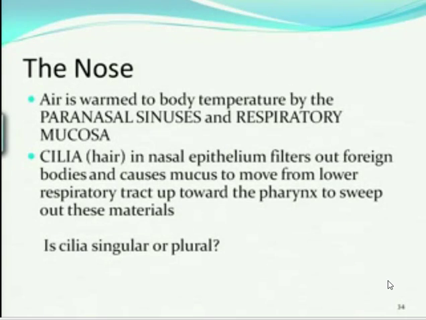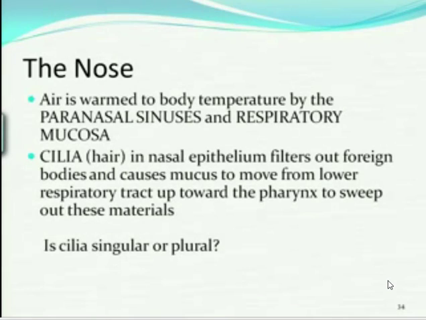Now cilia is hair. We've seen that word before. We've seen cilia in the integumentary system chapter. So we have hair, the little cilia all over the body. So in this chapter, we've got it in the nose, in the nasal epithelium. It filters out foreign bodies, makes the mucus move from the lower respiratory tract up to the pharynx. So it kind of sweeps out the mucus.